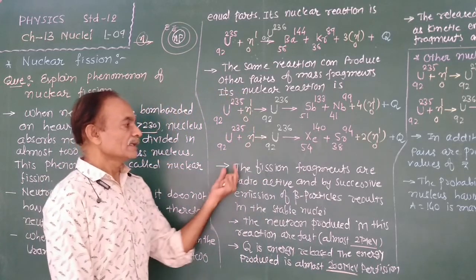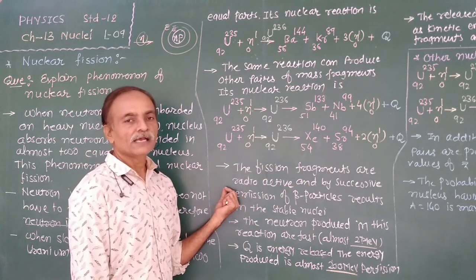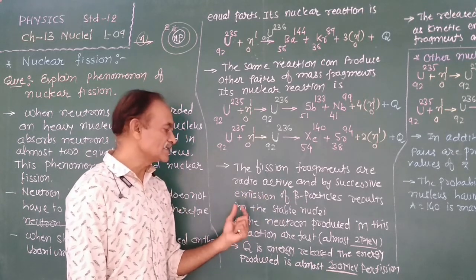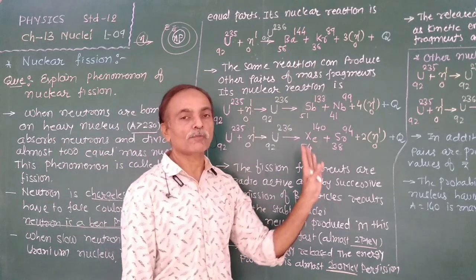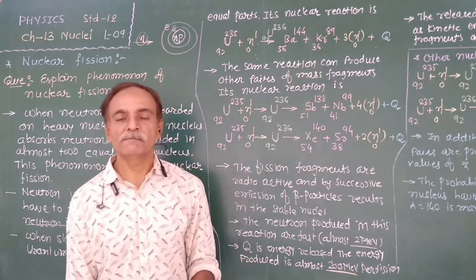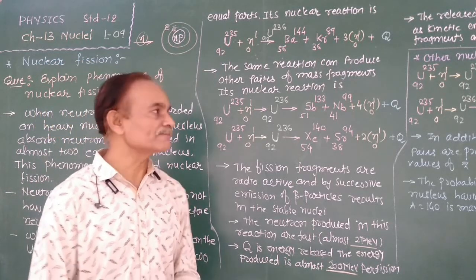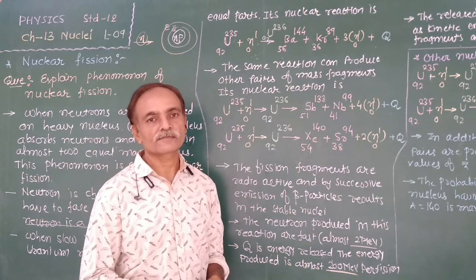The fission fragments are radioactive, and by successive emission of beta particles result in stable nuclei. These fission fragments, produced due to the fission of the heavy uranium nucleus, are also radioactive.